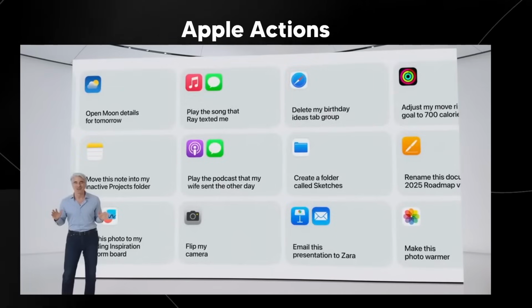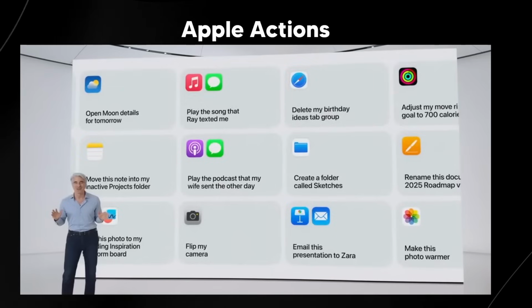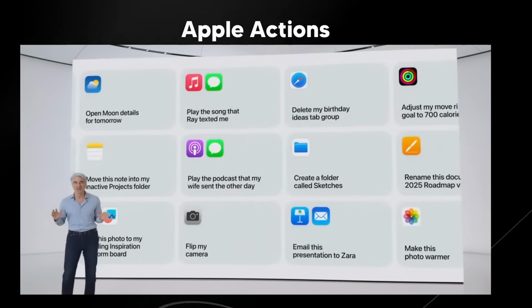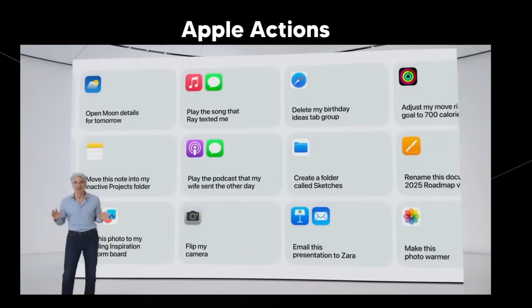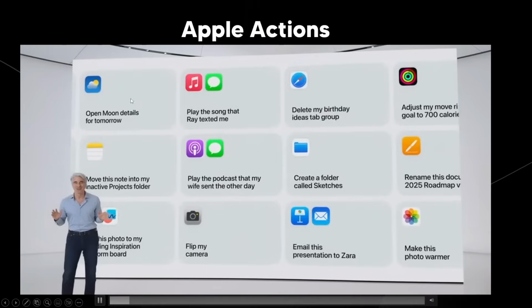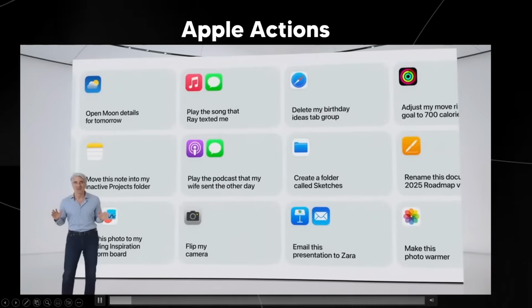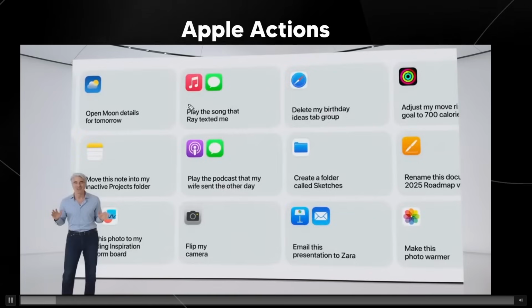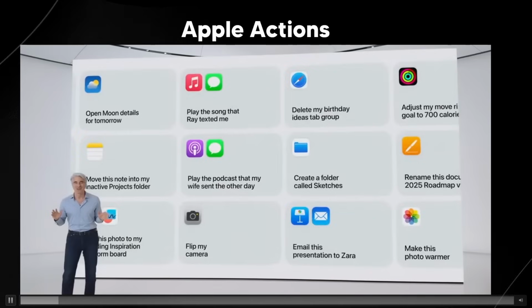If you were paying attention to some of the things that Apple had recently done in their research paper, you'll know that they've been trying to control the device with an AI agent on screen and have it do a multitude of different tasks. So Apple's actions is essentially where you can combine different apps and different actions with a simple text prompt. Well, I say text prompt, it's actually a voice prompt.